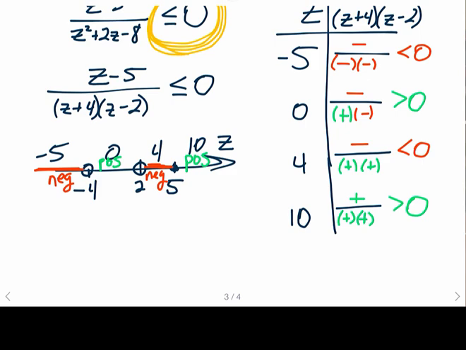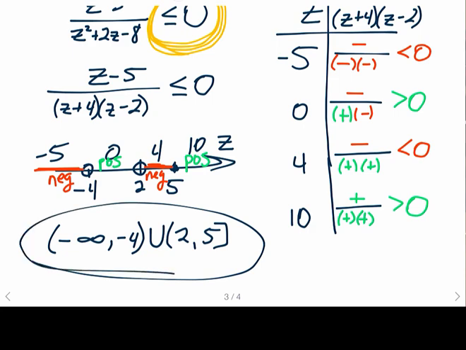And so in interval notation, our solution is going to be negative infinity to negative 4, a parenthesis at negative 4, because that came from the denominator. Union 2, which gets a parenthesis again from the denominator, comma 5, but 5 gets a square bracket because it came from the numerator. That means the expression is 0, and that counts for the non-strict inequality.